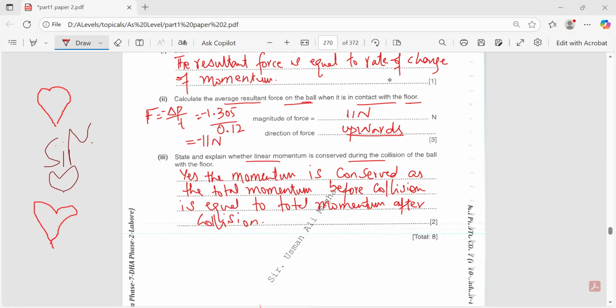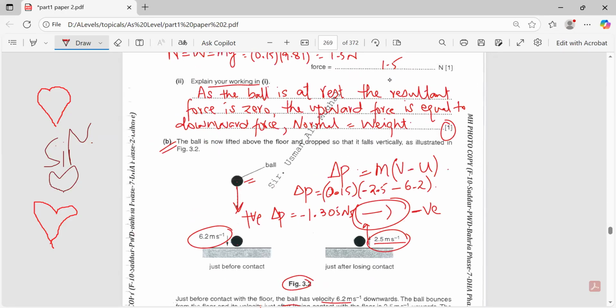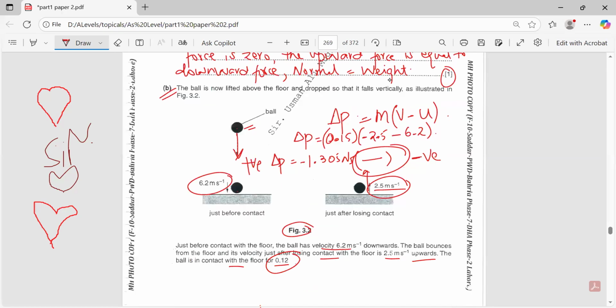Okay, in such types of questions, when it is being dropped, there is no statement that there is some air resistance or some external resistive forces and so on.